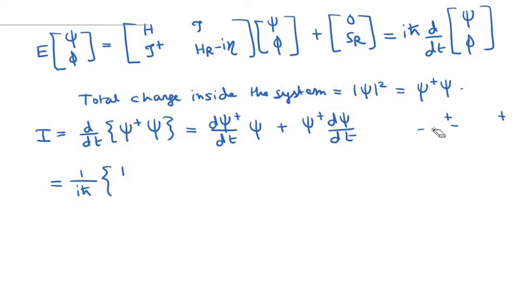So this is basically equal to psi dagger h dagger plus phi dagger tau dagger, and this is multiplied by psi.